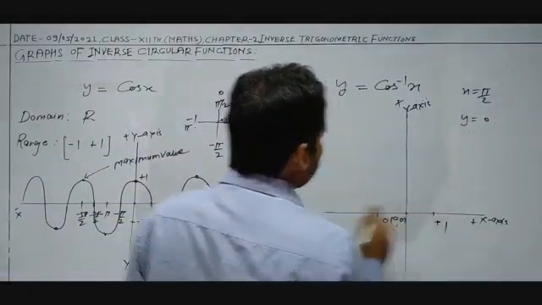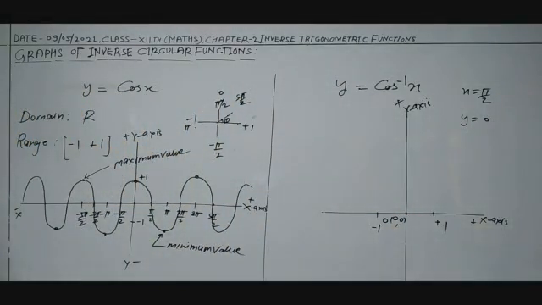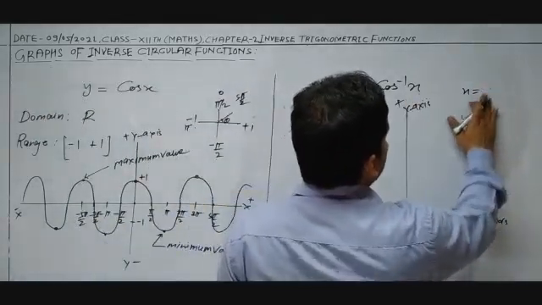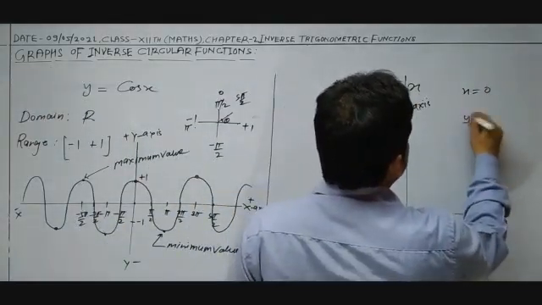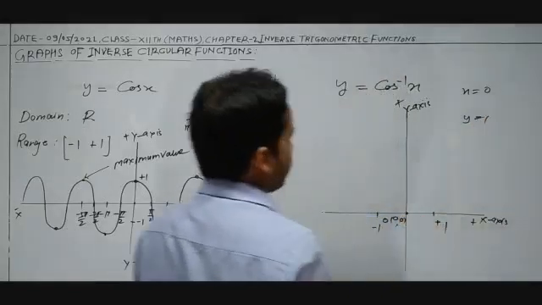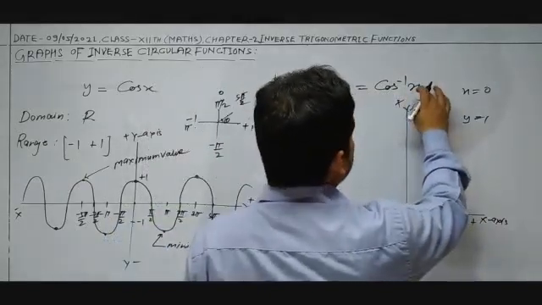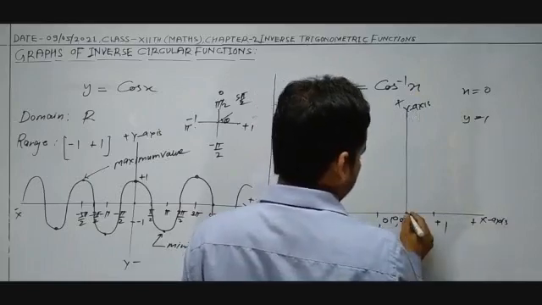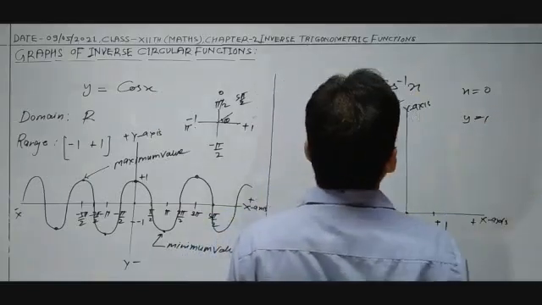Y is equal to 0 and x is equal to, suppose you will put 0, then maximum value will be at x is equal to 1, x is equal to 0. Suppose x is equal to 0, you will get y is equal to 1, means x is equal to 0 degree and y is equal to 1.